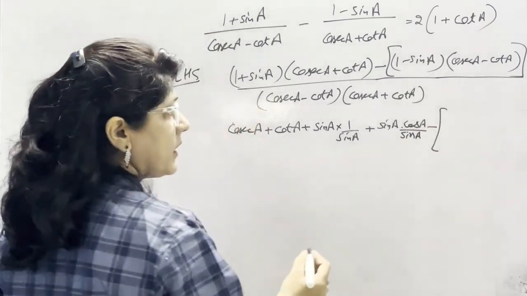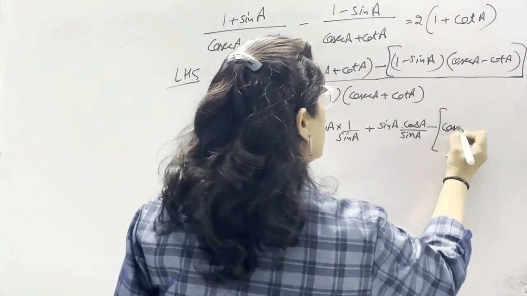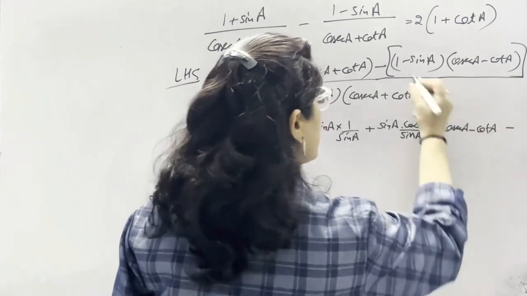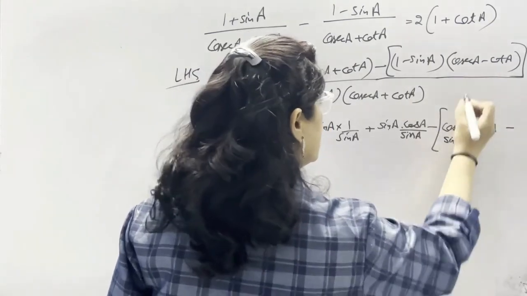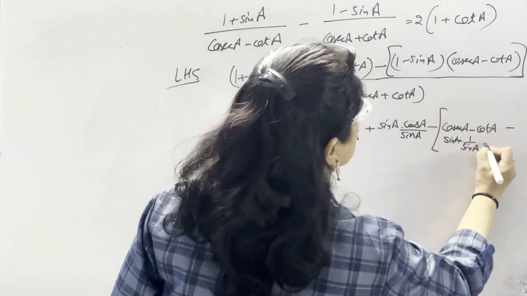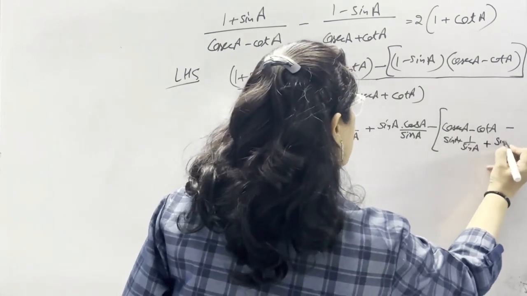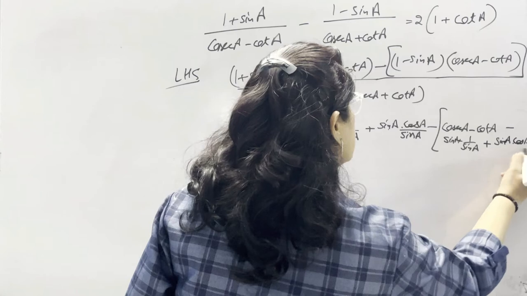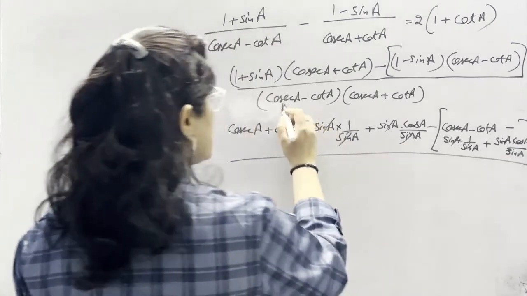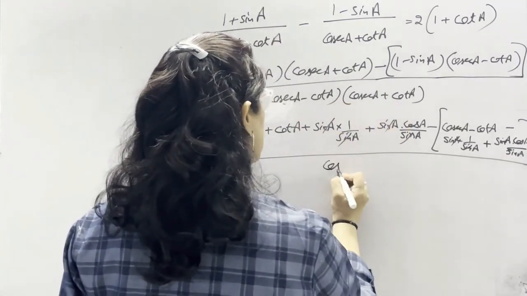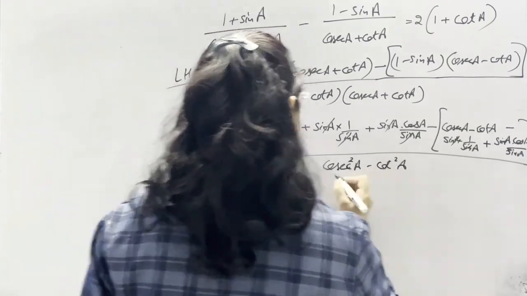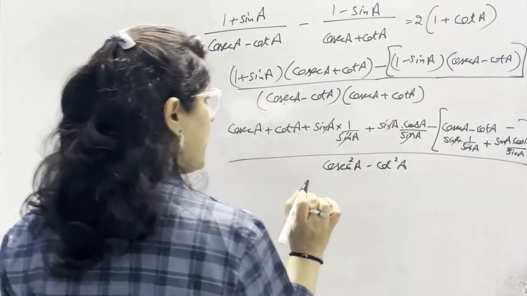Minus, in the second bracket, with 1 we get the same term cosec a minus cot a, and then minus sin a times cosec a, which is 1 again, and then minus minus plus sin a times cot a, which is cos a. Bracket close. In the denominator, this is (a minus b)(a plus b), it means a square minus b square, and we have recently used this identity, it is equal to 1. So in the denominator we are left with only 1.